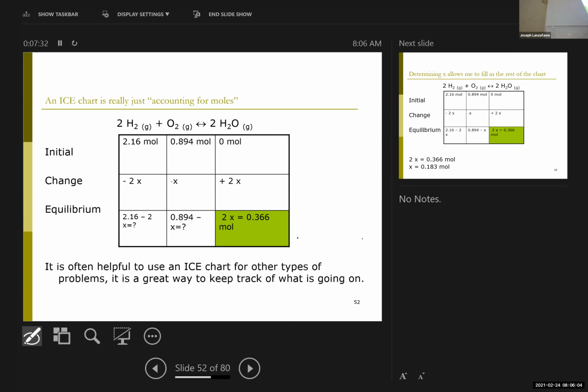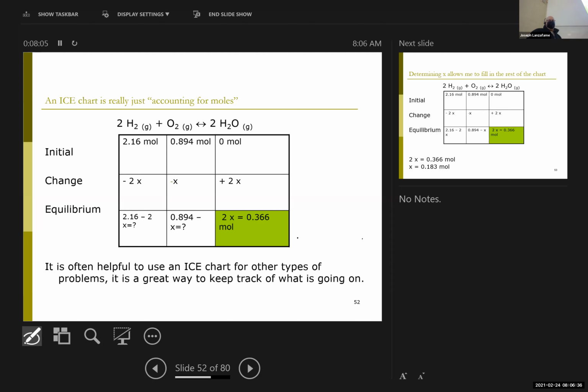And then I measured the equilibrium amount of the water, which created one column that's a solvable algebraic equation, which simultaneously solves the other two columns, because it's the same X in every column. It's the magic of stoichiometry that's really powering my ICE chart.